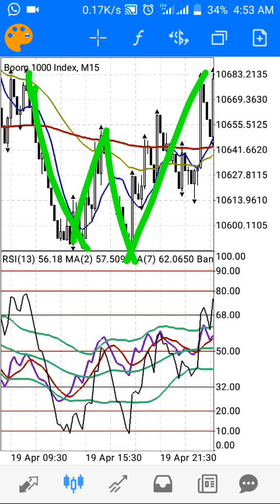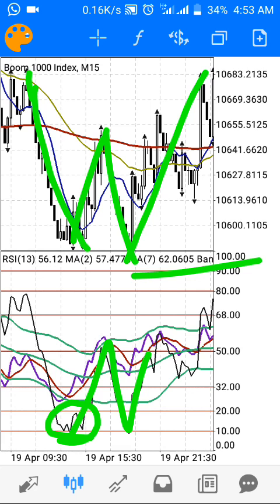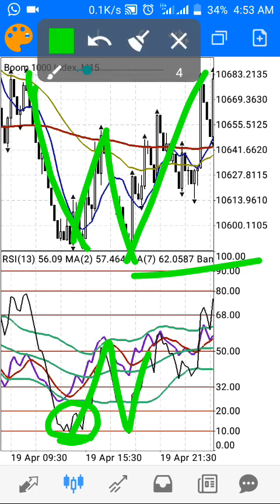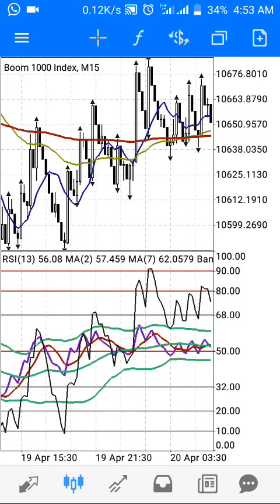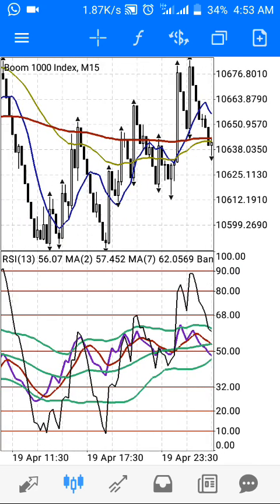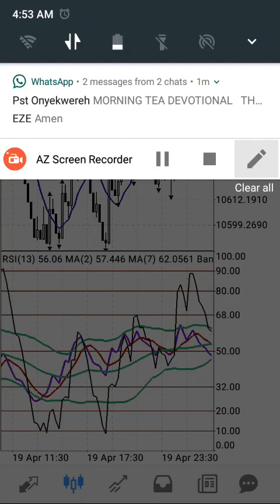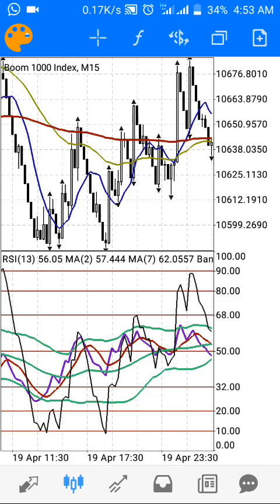That is a big W formation. You have a small one here, and you have a big one here, and it is probably going to end on our level 90. So if we drag our line, you see that it ended on level 90. That is exactly where it ended.